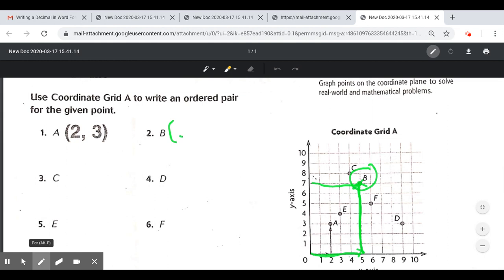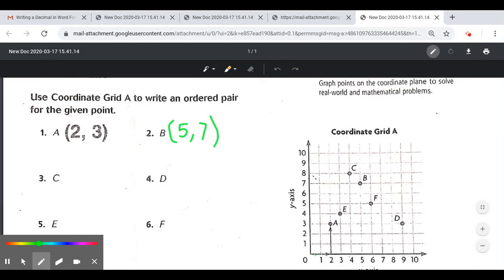So the ordered pair would be 5, 7 for point B. For point C, I can see that I went to the right 4 and up 8 to get to that location. So my ordered pair would be 4, 8.